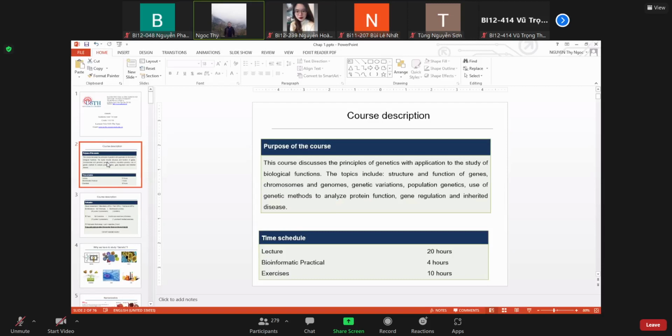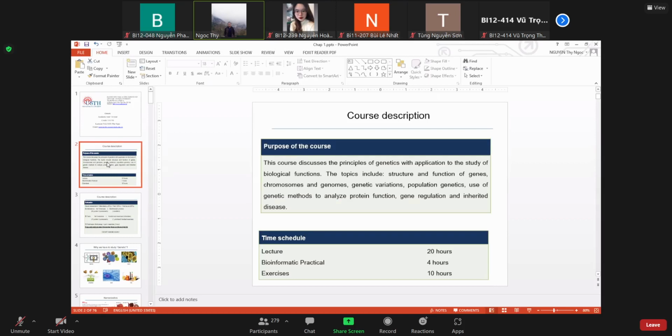We will discuss the principles of genetics, which is how a specific trait, like a physical trait or some special characteristic, like being susceptible or resistant to a certain type of disease, is passed from one generation to the other.